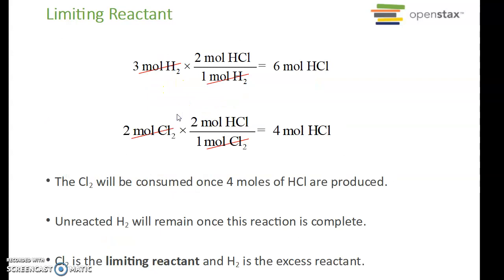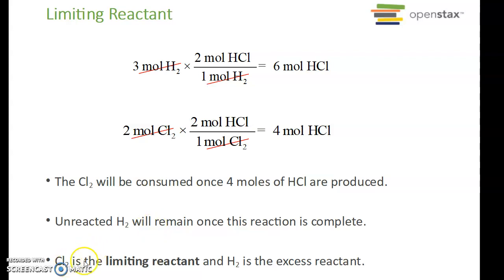Okay? So you have 6 moles of HCl can be produced, 4 moles if this was the one. So the smaller one is the one that determines how much of the product can be produced. Cl2 will be consumed once 4 moles of HCl are produced, and the unreacted will remain.